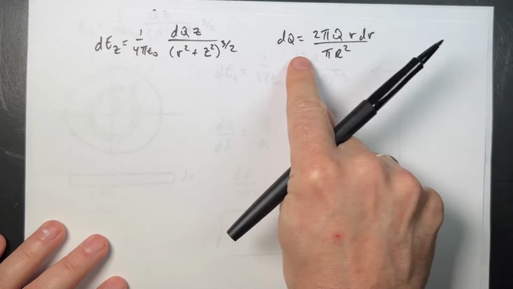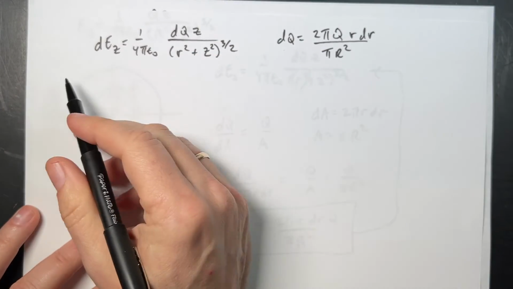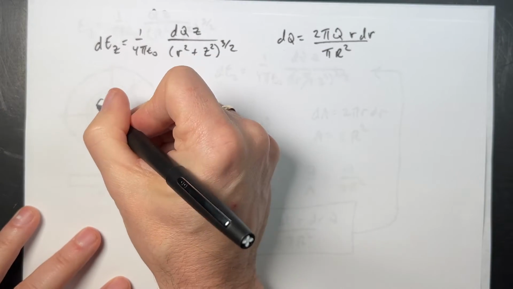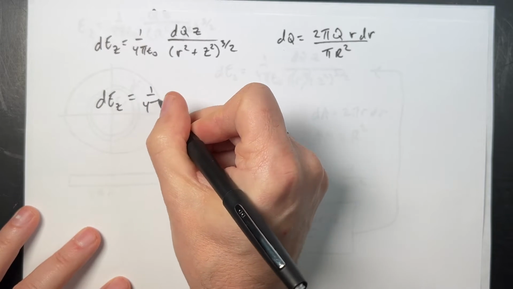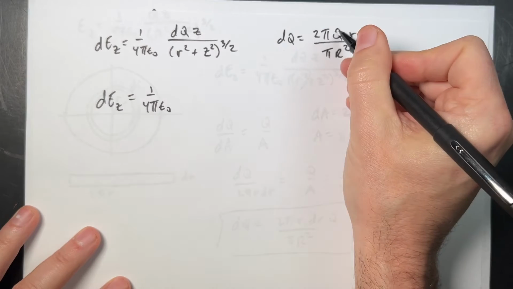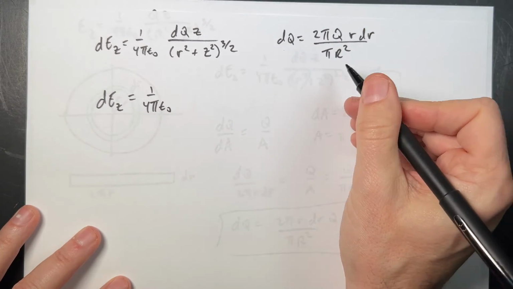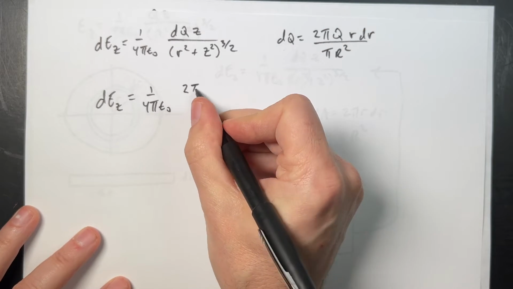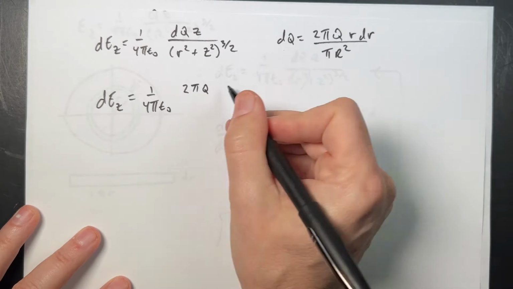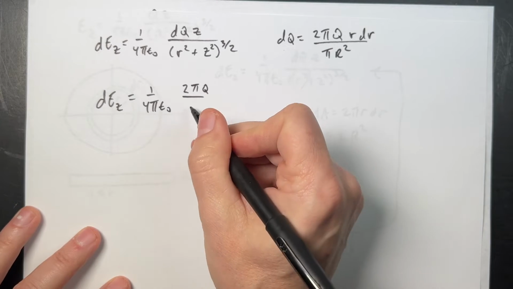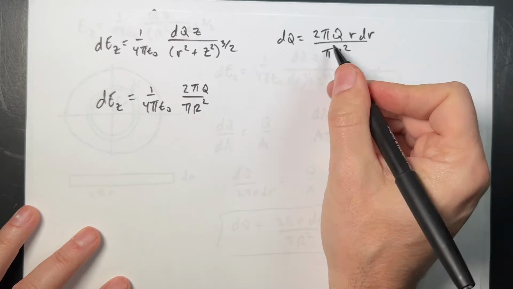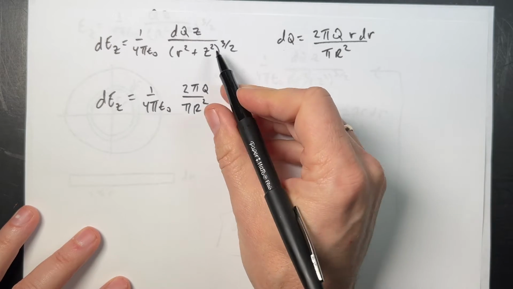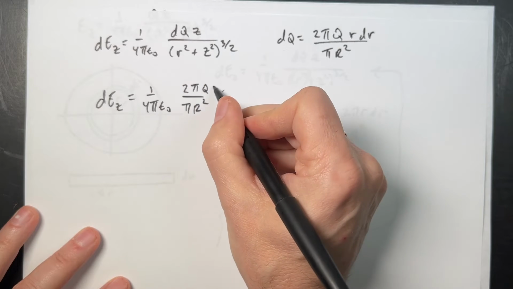Okay. So now if I substitute this in, I'm going to pull all the constants out front as much as I can. dEz is 1 over 4 pi epsilon naught dq, so let's put in that whole thing right there: 2 pi q, I'm going to save the variables for later, over pi r squared, and then I have r dr, and there's a z. I'm going to put the z there too.